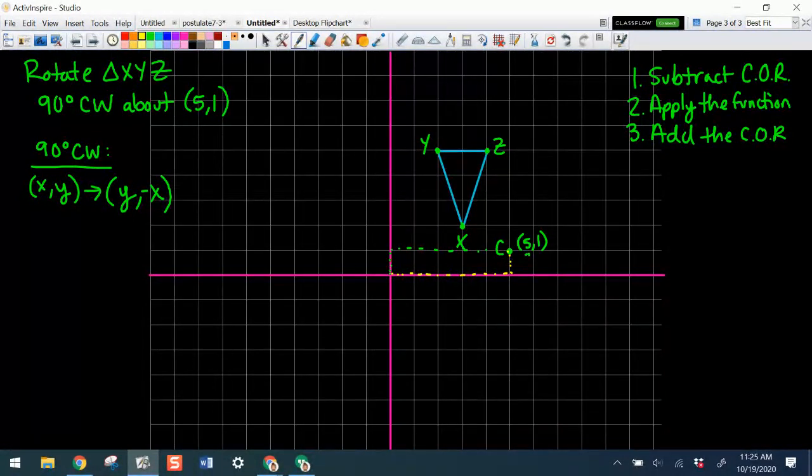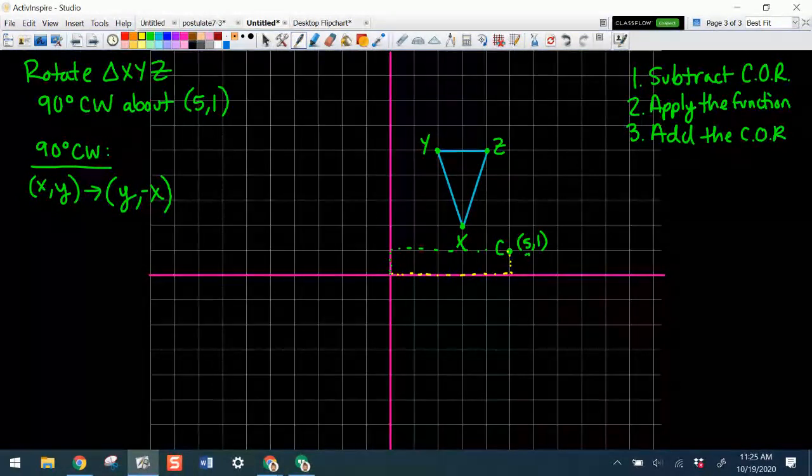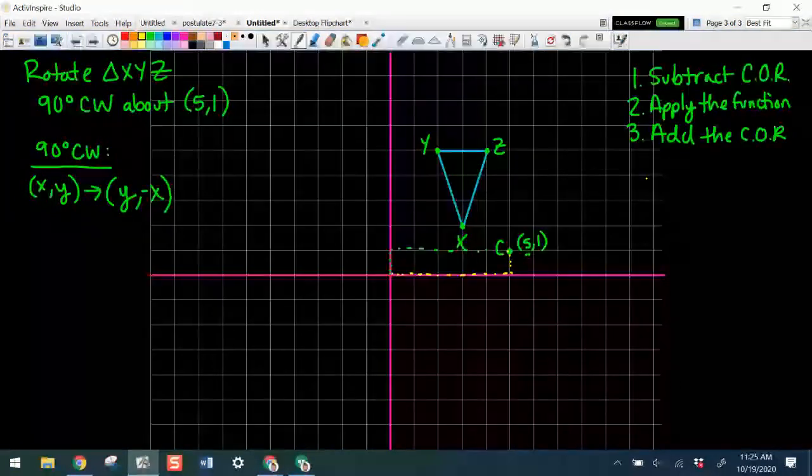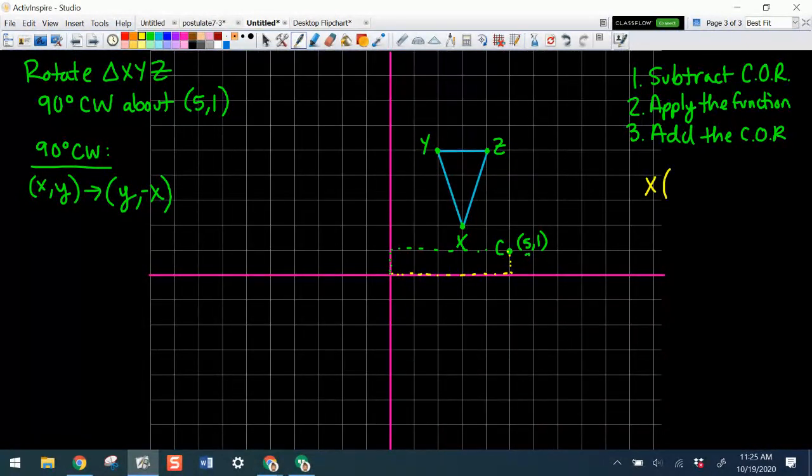And that's how we perform rotations when the center of rotation is not the origin. So for example, if you're following along, X is located at (3, 2). To find X prime, the first thing we do is subtract the center of rotation, the coordinate (5, 1).